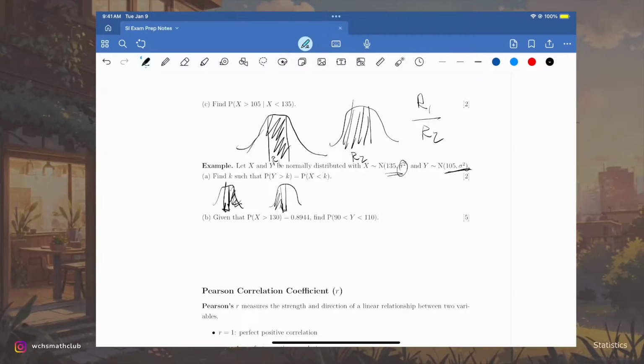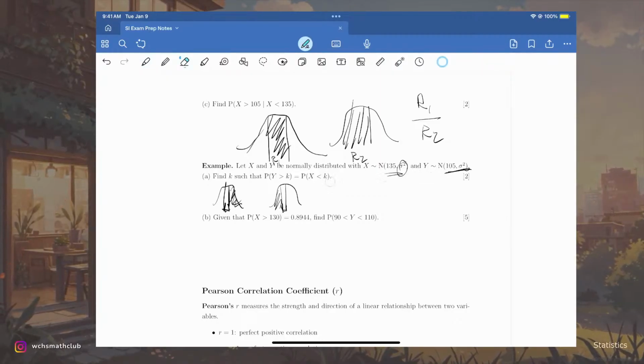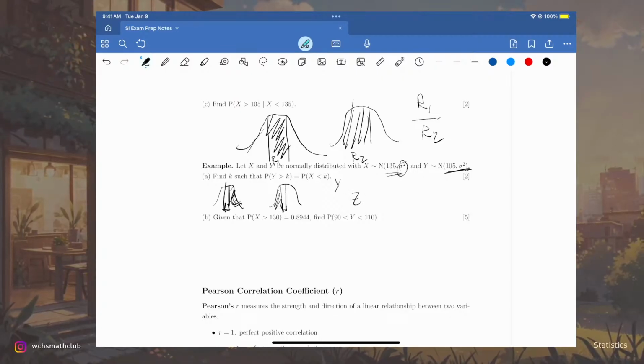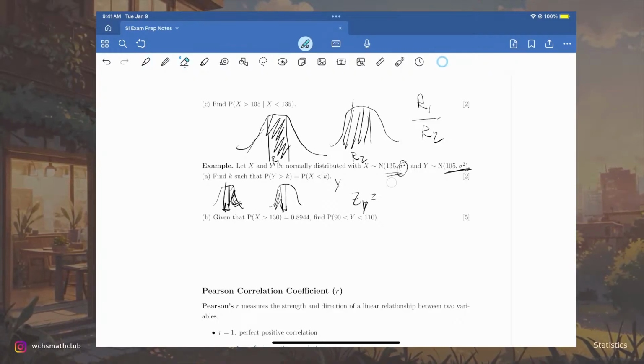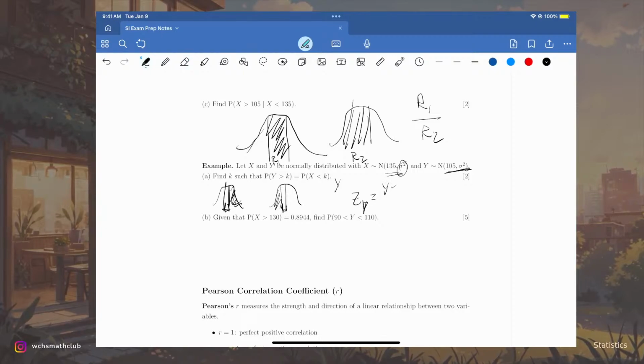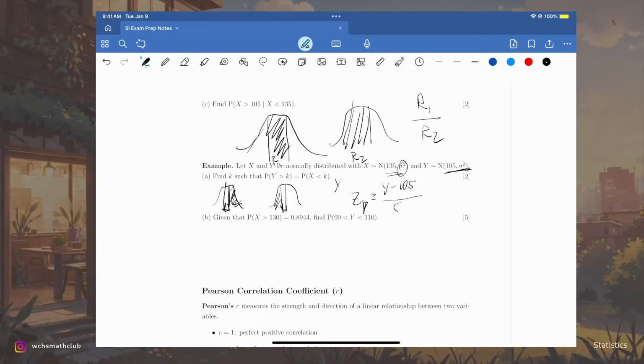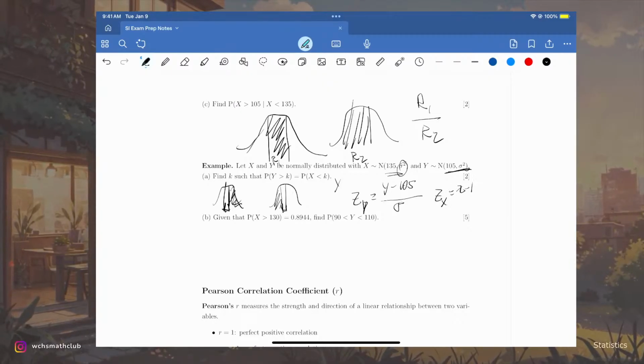So first thing, y is greater than k. So let that value be, let's say, just lowercase y. We get the Z-score for y would be equal to y minus 105 over your deviation value. And then similarly, for x would be equal to x minus 135 over your deviation value.